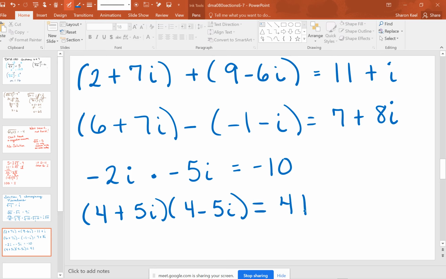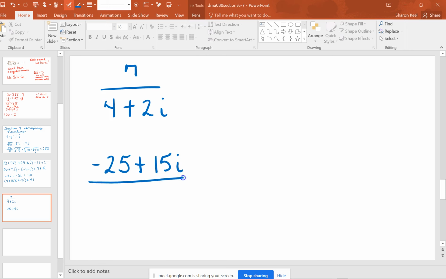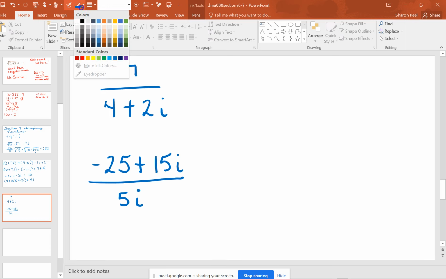The only real point you have to pay attention to is when we get to a division problem. So let me write down two division problems that we're going to do. When you do a division problem, if you do not type in a parenthesis around the numerator and denominator, you'll get an inaccurate answer.